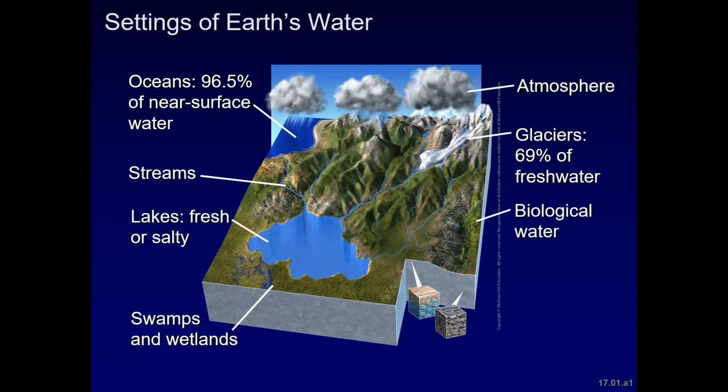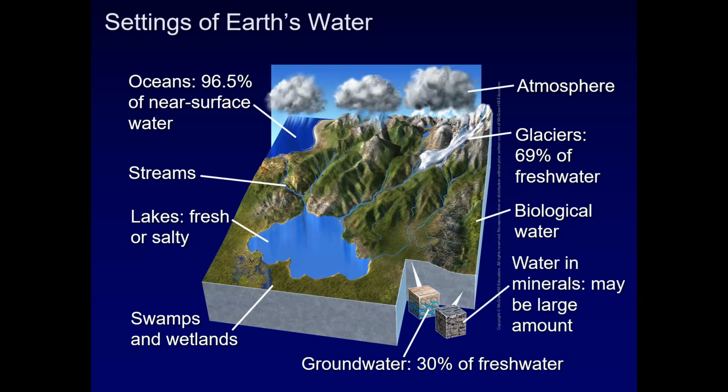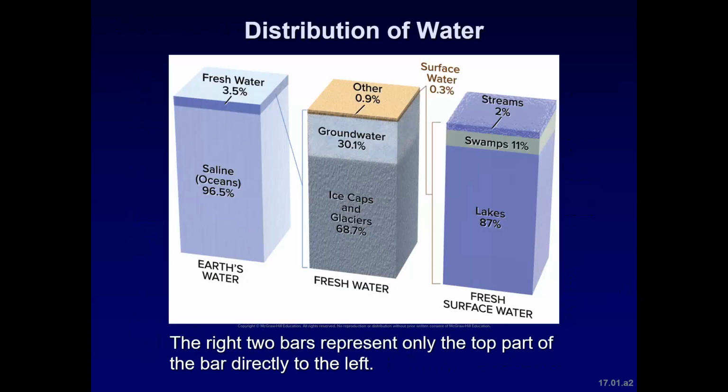Biological water, that's water in cells and structures of plants. And then groundwater, that's 30% of Earth's fresh water. You've got water and minerals there as well between sediments. Can be a large amount. Okay, we'll look at these as the distribution of water.